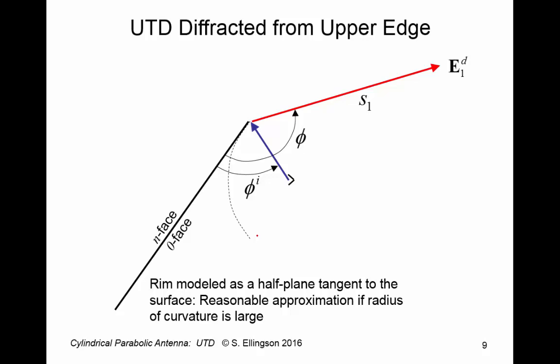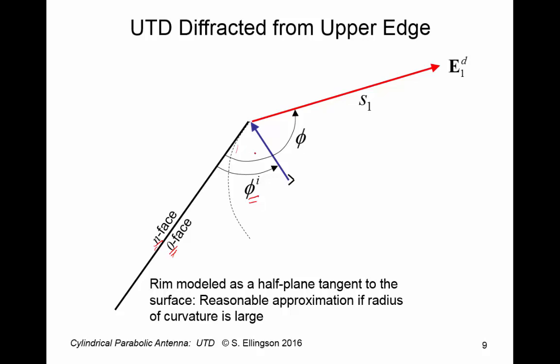So when we compute a diffraction from the upper edge, we have to define a 0 face and an n face. The 0 face of the edge is always the one that most directly faces the source. So the lit face is here. So this is the 0 face. The n face is the other face. Phi^i, again, the value that we use in the diffraction coefficient looks like this.